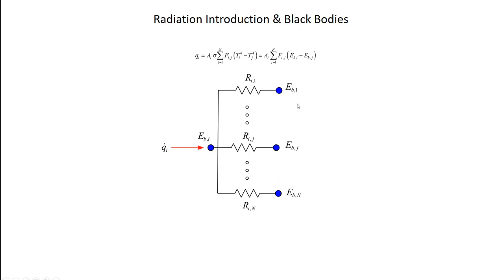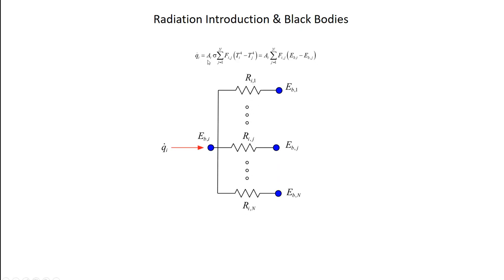So here's surface 1, surface J, all the way to surface N, where N can be any arbitrarily large number of surfaces. Q dot I then is equal to the sum of the heat transfers from node I to every one of these other surfaces, right? So I know how to calculate each of these heat transfers. Now I just have to add them all up.